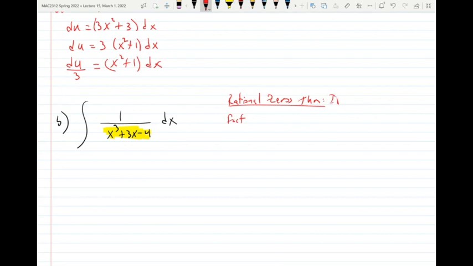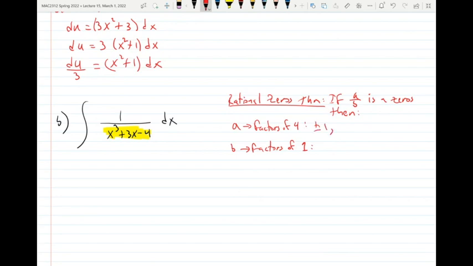If a over b is a zero, then the candidates for a come as factors of 4, the constant term, and the candidates for b come as factors of the leading coefficient. What's the leading coefficient? In this case it's 1. So the factors of 4 are plus or minus 1, plus or minus 2, plus or minus 4, and the factors of 1 are just plus or minus 1.